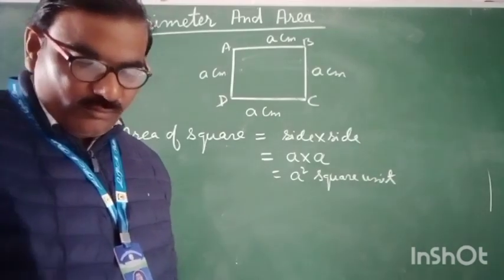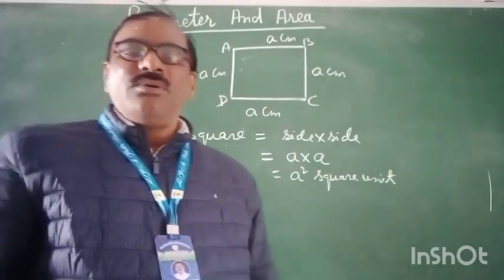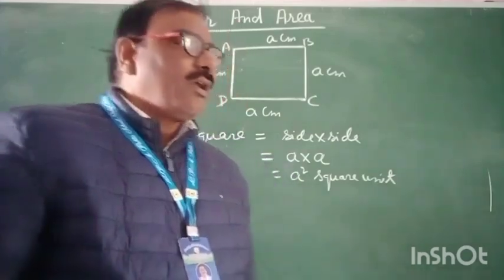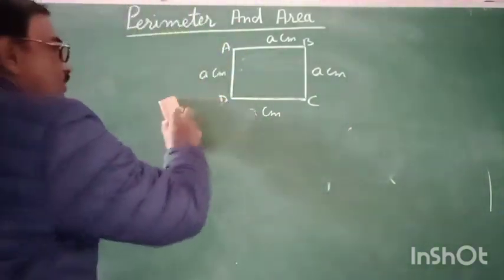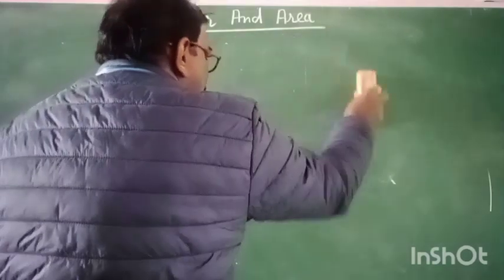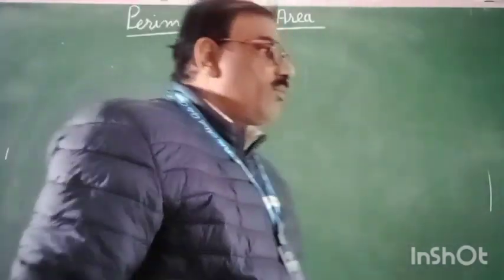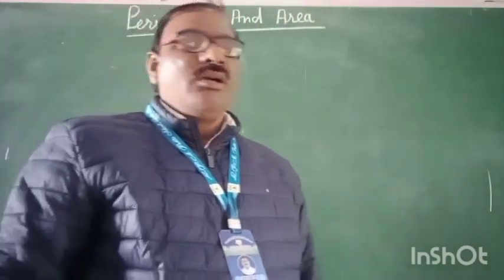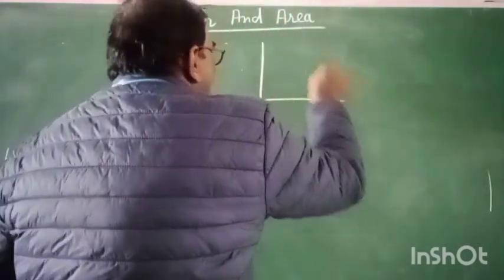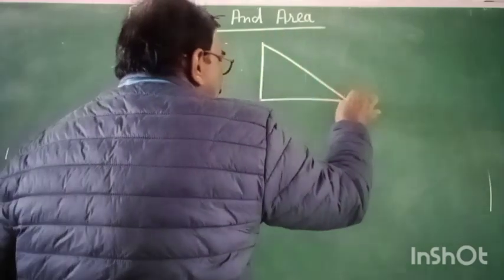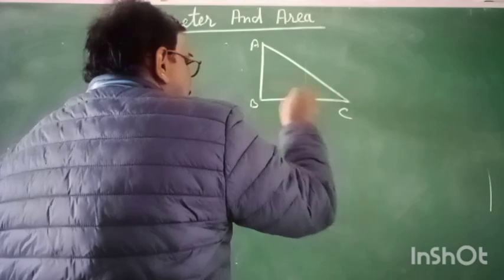Now I'll find out the perimeter of a triangle. For this, consider a right angle triangle ABC.